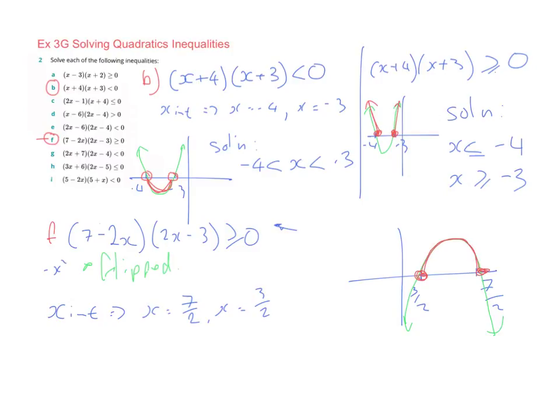So how would I write my solution? It's in between 3 over 2 and 7 over 2: 3/2 ≤ x ≤ 7/2. So this is telling me that x is in between 3 over 2 and 7 over 2, and it's equal to. So that's how I write that part.